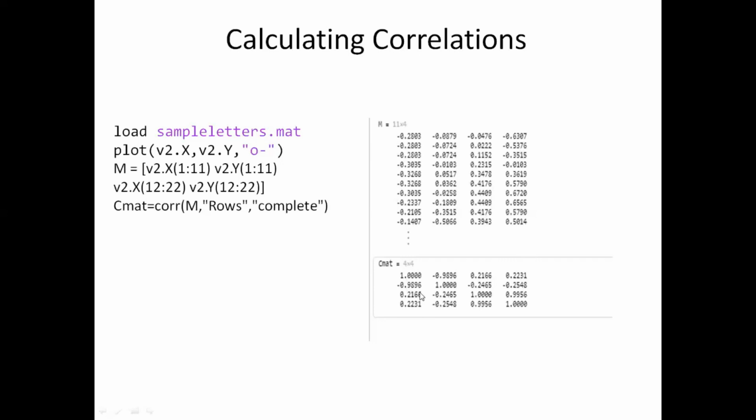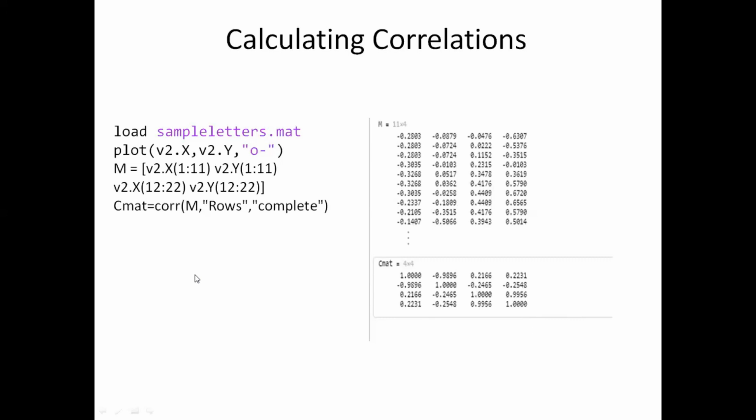Similarly, you can find the correlation between the different columns in this 4 by 4 matrix. You can see the matrix is symmetrical, because the correlation between the first column and the second column is the same as the correlation between the second column and the first column.